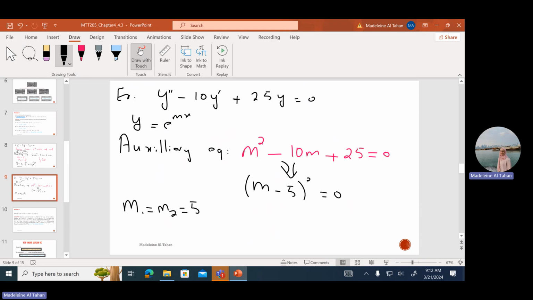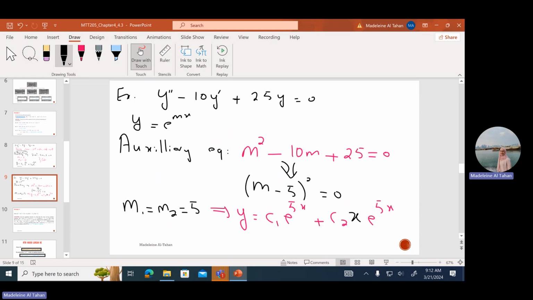So what did we get here? Double real roots, right? So how do we write our answer next? Because this is case 2, our answer will be y equals c1 e^(5x) plus c2 e^(5x). How do we remove the dependency?